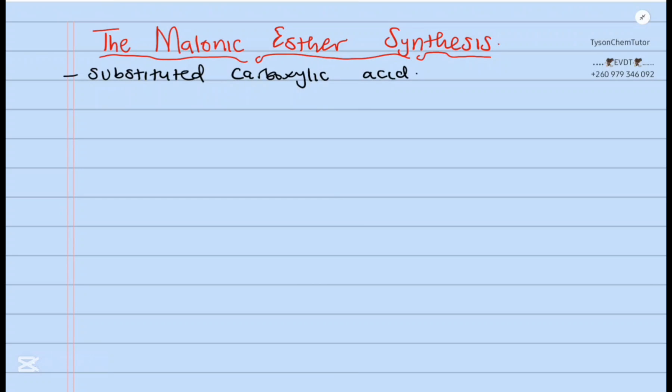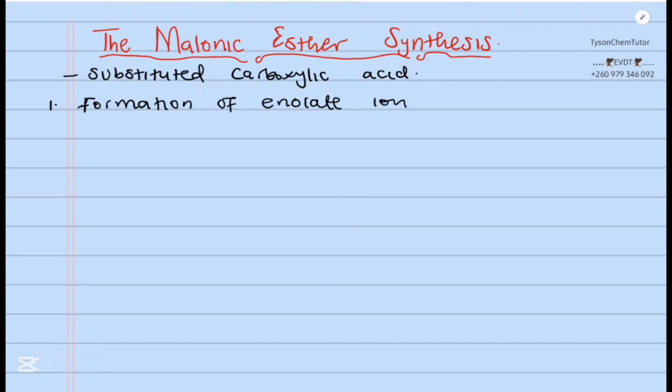The Malonic synthesis process only takes place in, I may say, 4 stages. The first step is formation of an enolate. What's this enolate? Enolate is an ion, so formation of enolate ion.